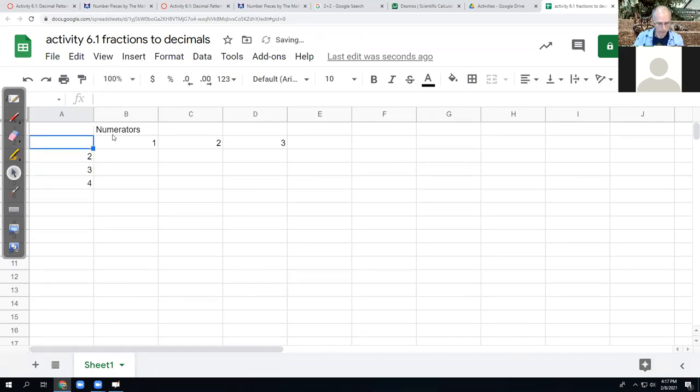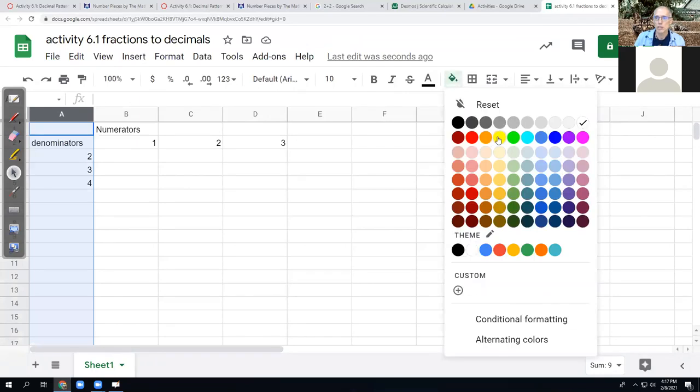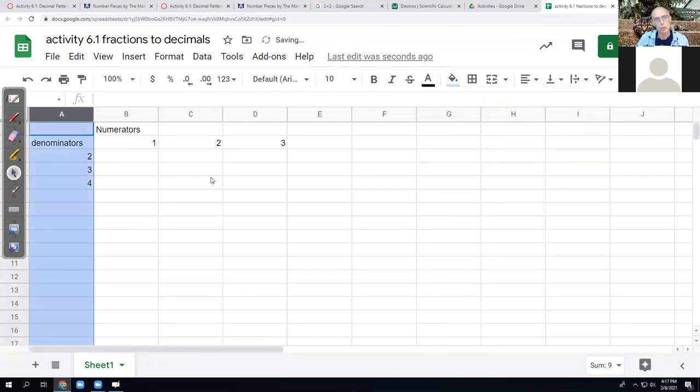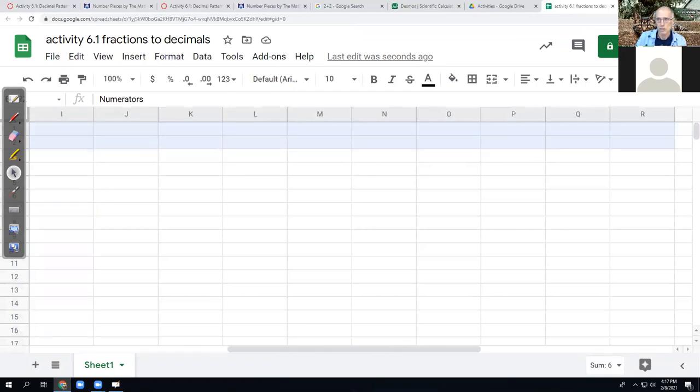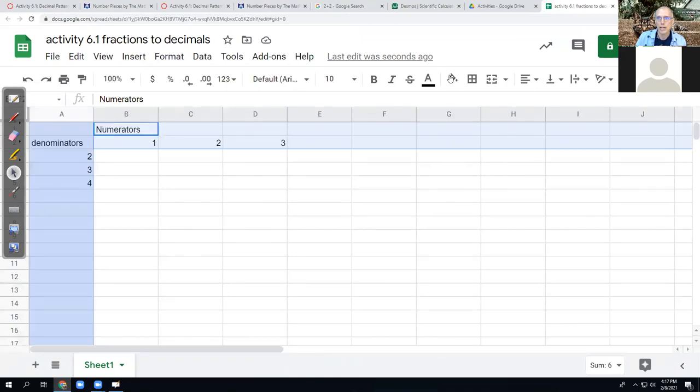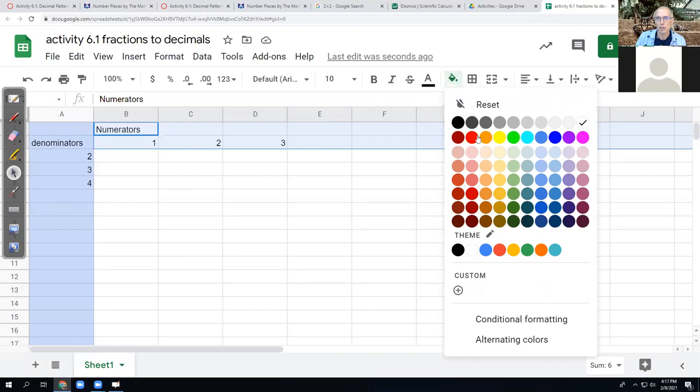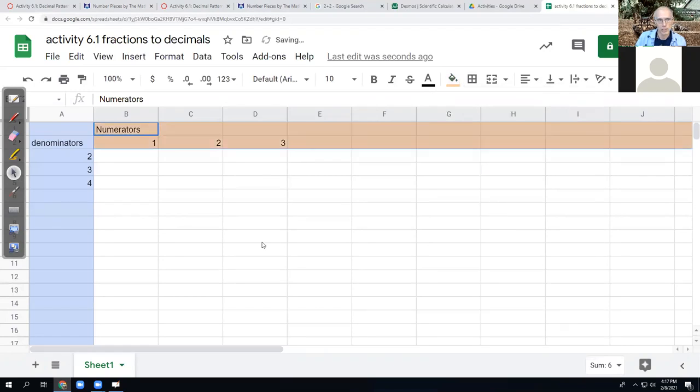So these guys here are my denominators. You can color code them a little bit. Denominators can be light blue. My numerators can be light orange. That's cute.